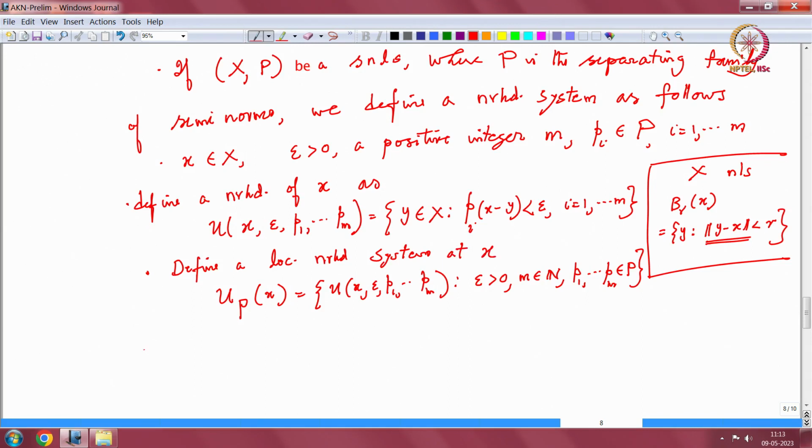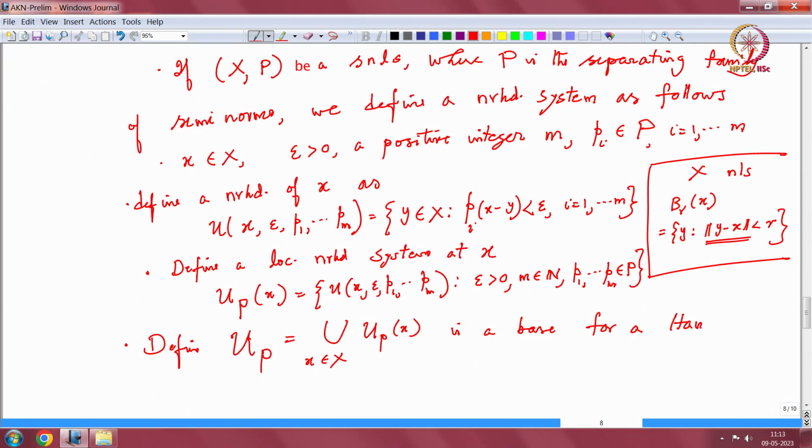Now, define the third one, define U at p equal to the union of U at p of x where x varies. This is a base for a topology, a base for a Hausdorff topology.